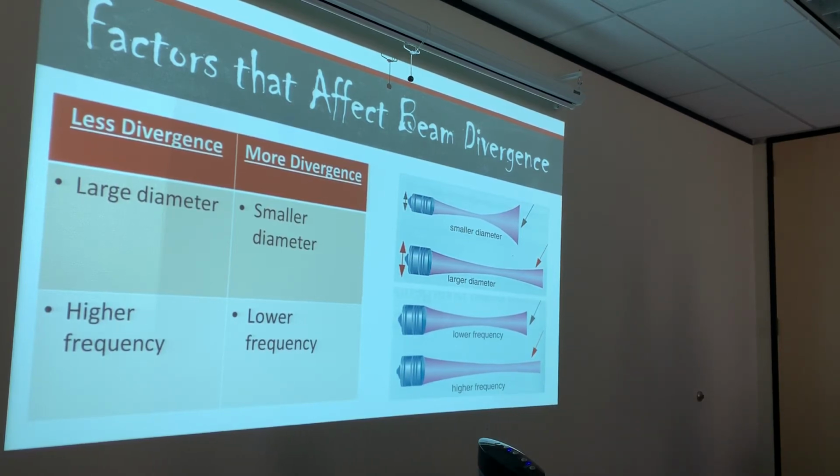But I don't want you guys to get that confused with beam divergence, because that's what this little section is about, beam divergence. Of course, higher frequencies are better than lower. We already know this, but we learned this 3-4 chapters ago. We like higher frequency transducers because they look better when we're talking about image detail.